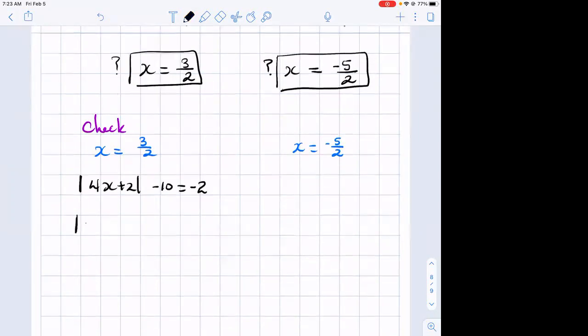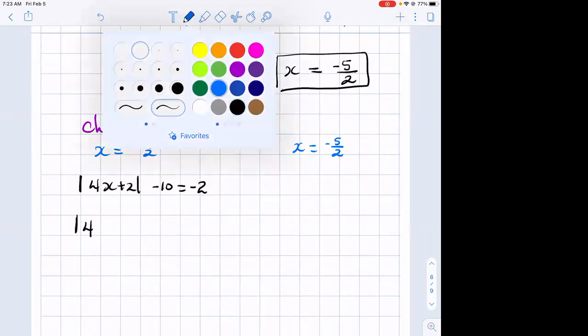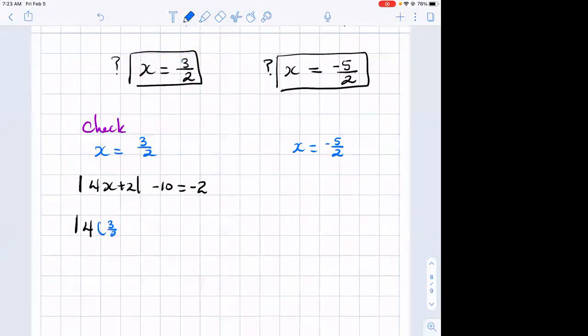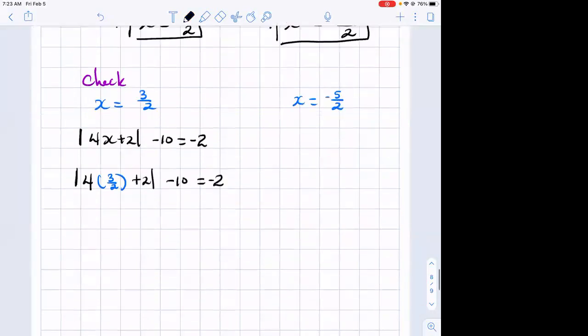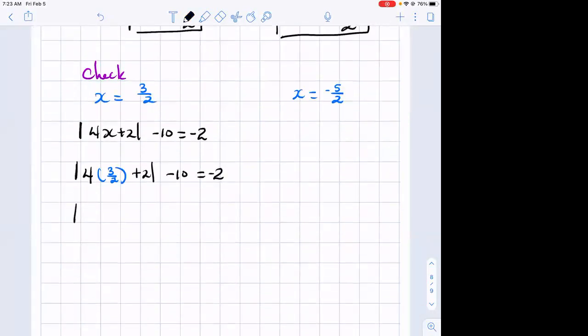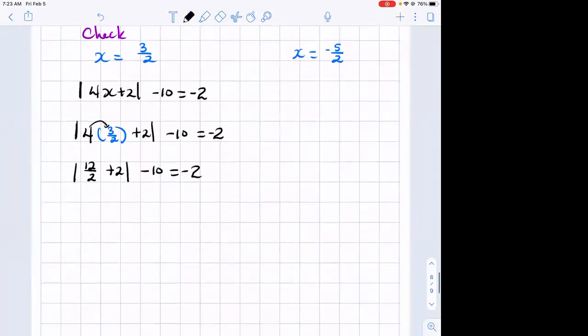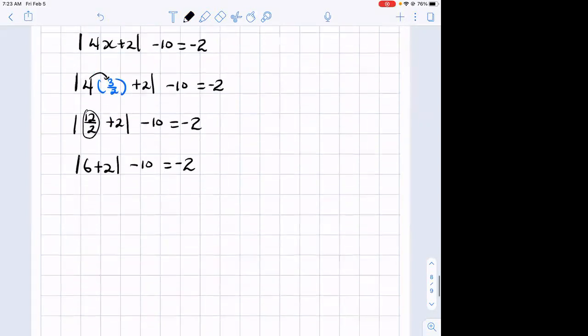So by doing this, we have 4, instead of x, I'm going to write 3 halves, plus 2, and then minus 10. Does that equal negative 2? Well, if you multiply 4 times 3 halves, you get 12 halves plus 2 minus 10. 12 halves is the same as 6. 6 plus 2 is equal to 8.